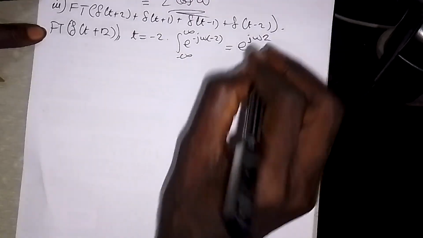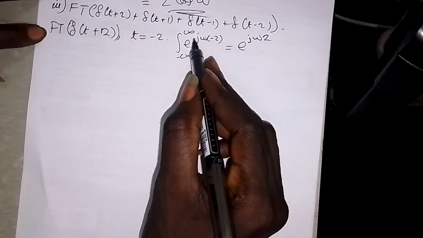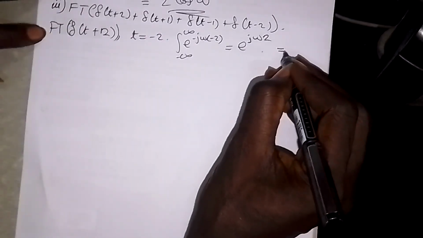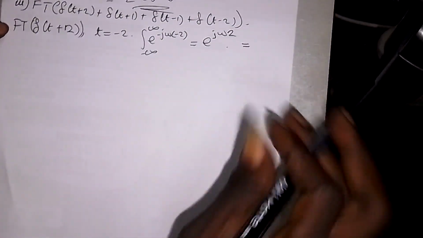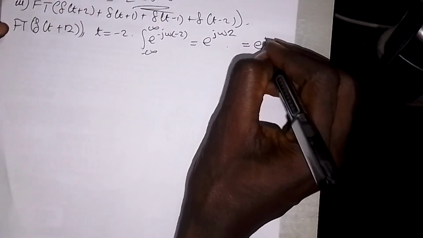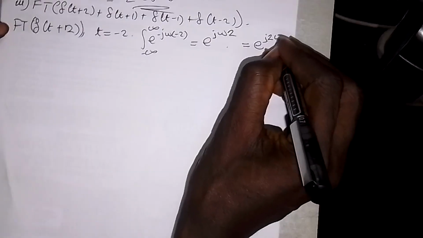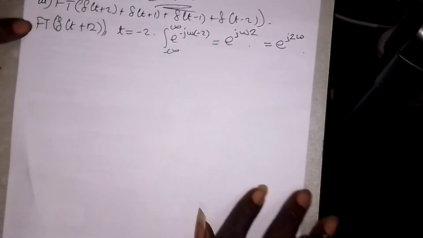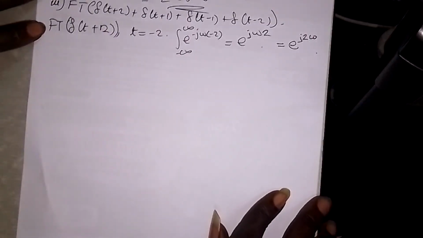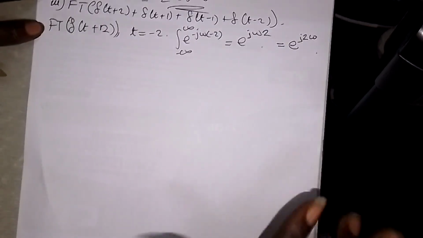But here it's 2, so minus minus will be positive, and j omega times 2, which basically is e exponent j2 omega. Now the same thing will apply to the rest of the expressions.